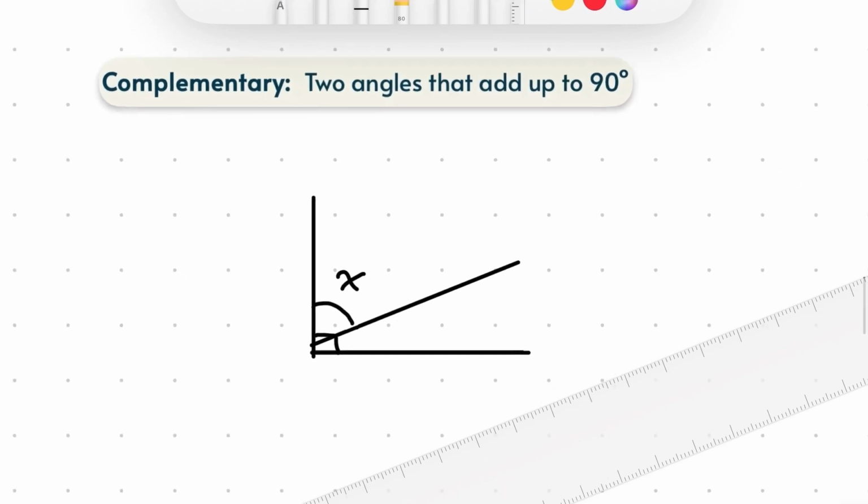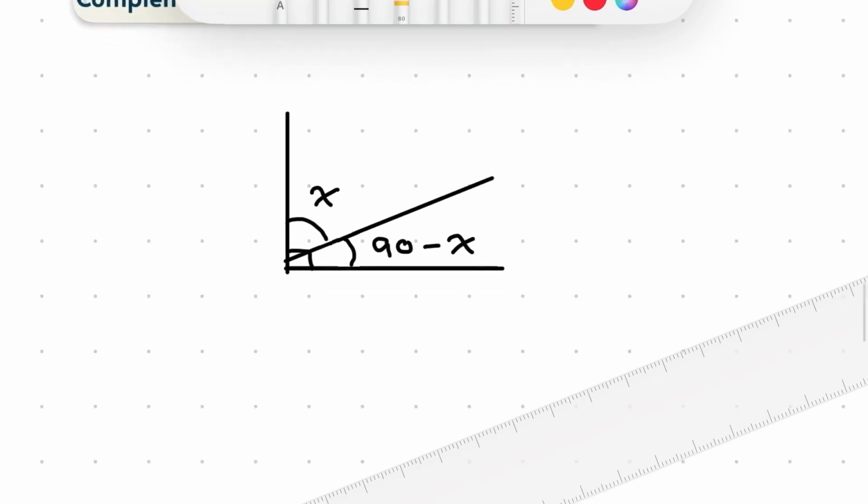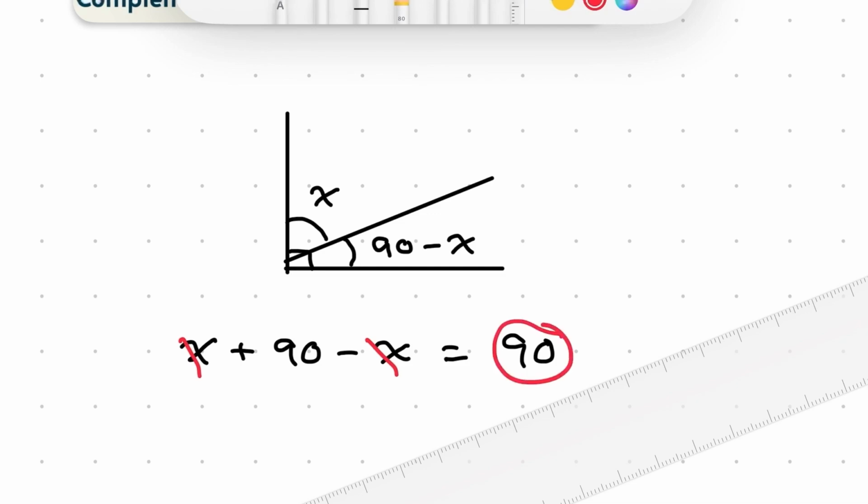And since we know that this forms a right angle, this angle can be called 90 minus x. The reason why is because if we added x and 90 minus x, we would get 90, because these two x's cancel out. So for angles to be complementary, they must add to 90.